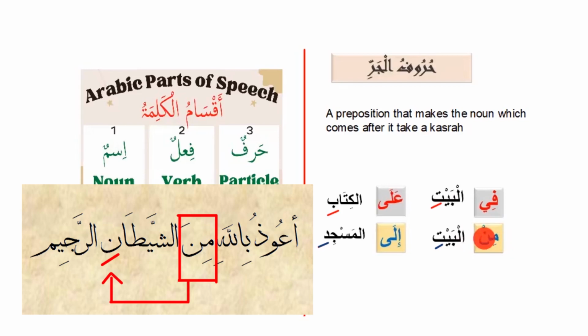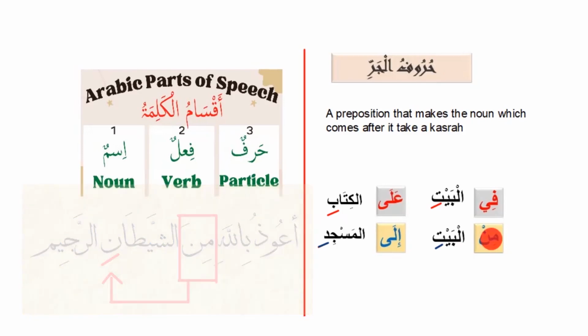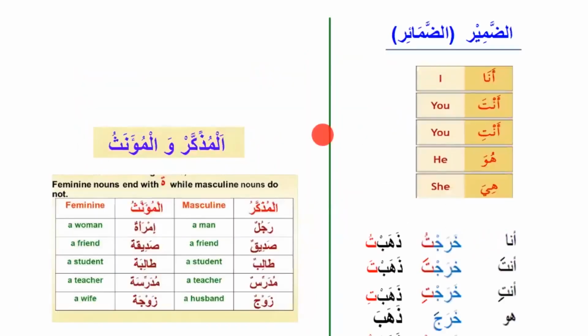You don't say mina shaytanu. Why? Because of this harf jar that comes there. Shaytanu in the default form is having dhamma. But when this one comes, mina shaytani, it will tend to have what? Kesra. You see that example? Okay, so that's an example. Whenever they come, the following noun is going to take kesra. Okay. So another thing I hope that is clear for now.